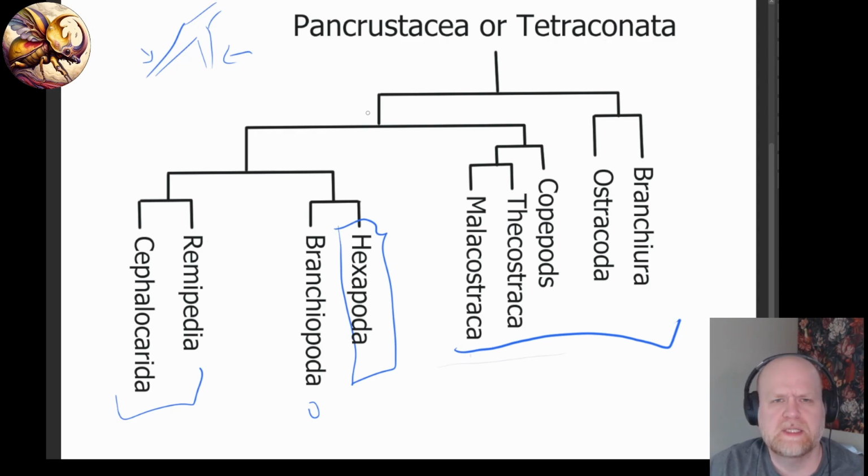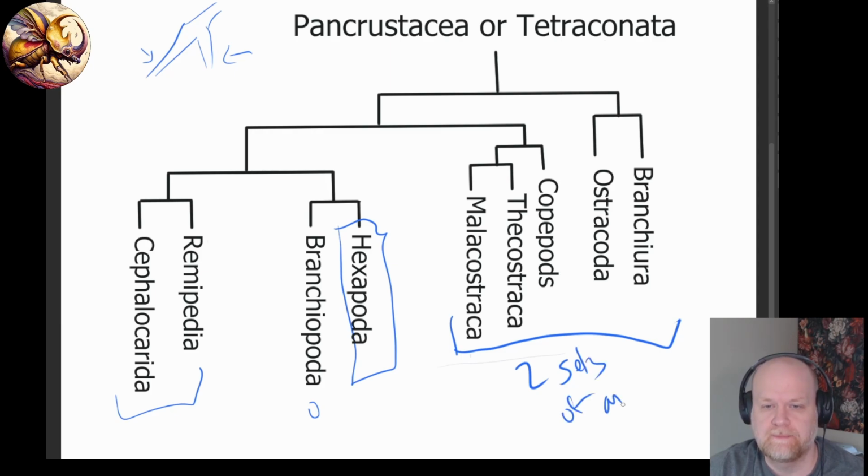I don't know if I mentioned this, and I really should have. The crustaceans have 2 sets of antennae, which is interesting because the hexapods will either have 0 or 1. So all insects actually have 1 set of antennae, but some of the hexapods will have 0.